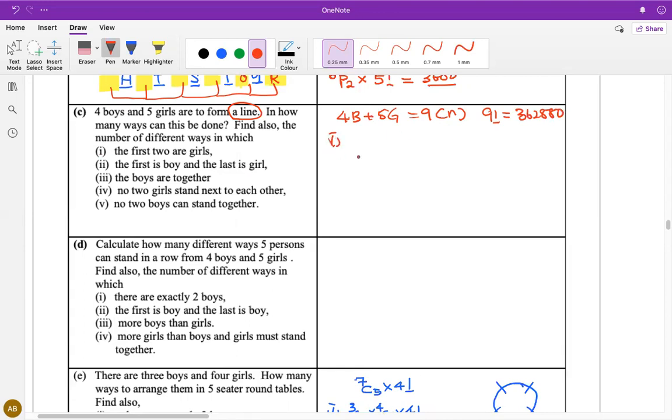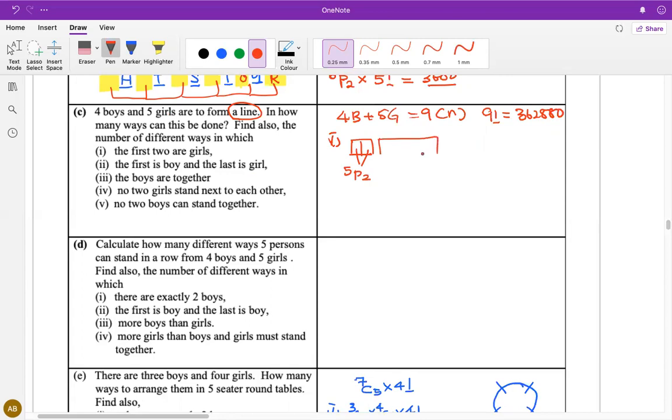The first two are girls. So the girls must be in front. So how many ways can we put them here? So there are 5P2, correct? 5 girls, we choose 2 and arrange them, 5P2.